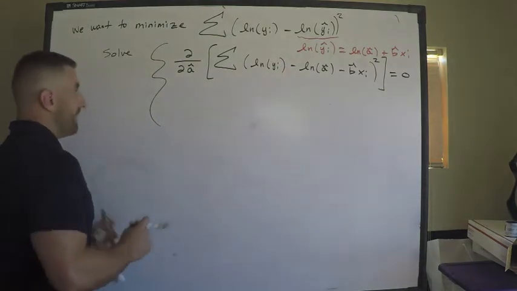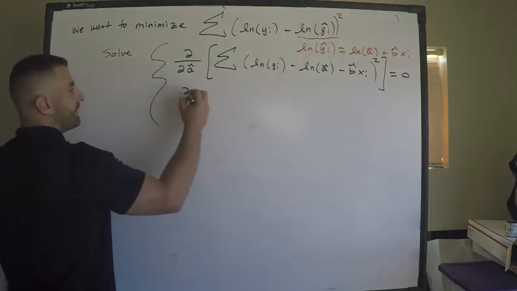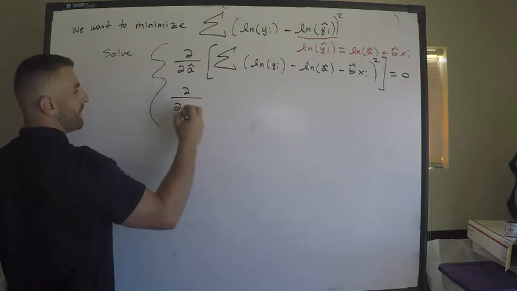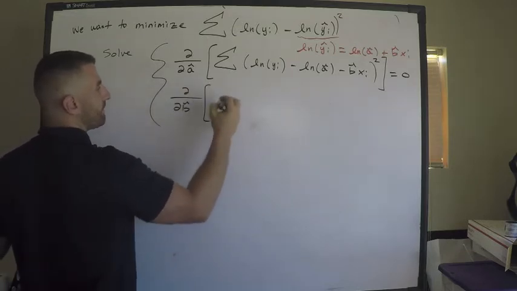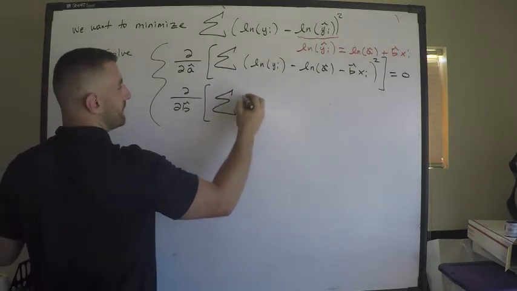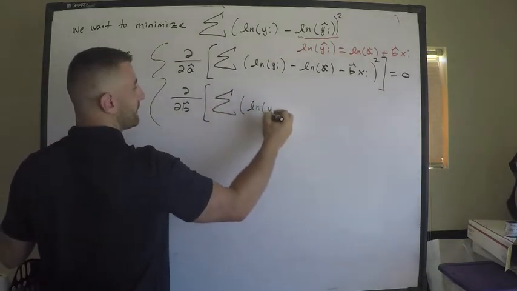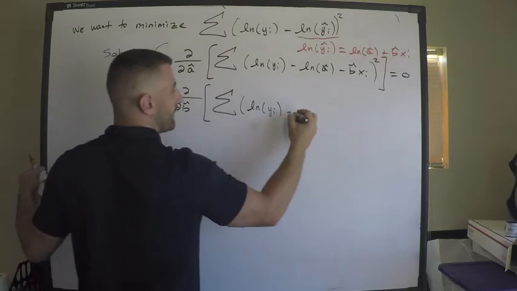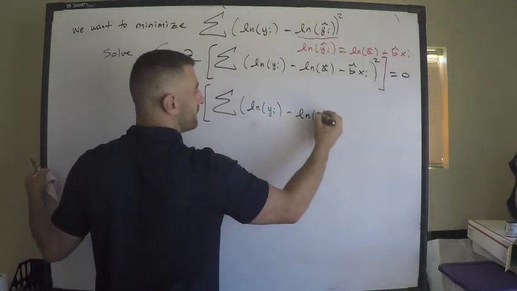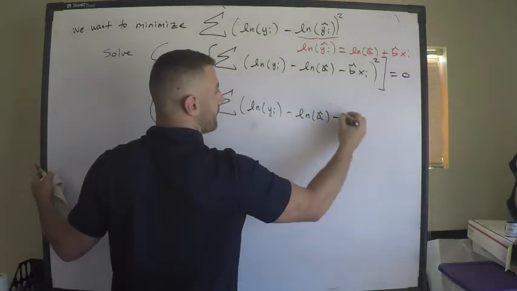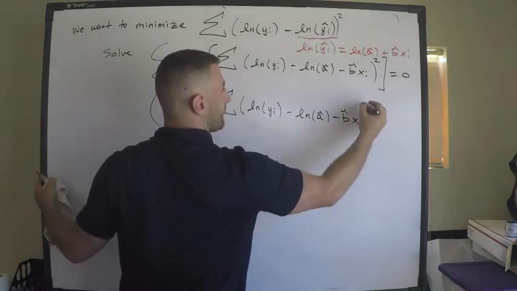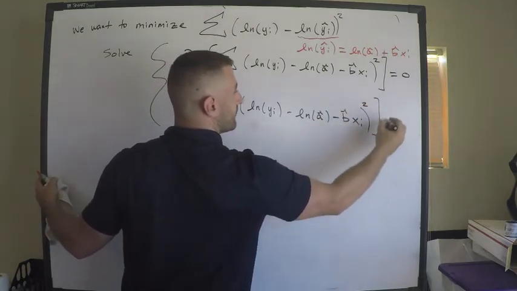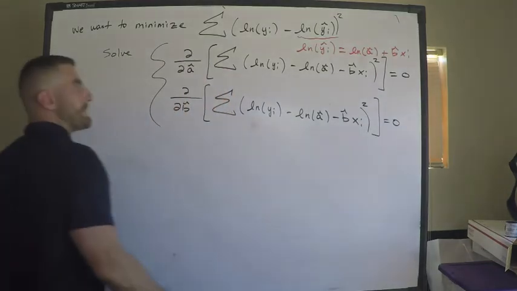And we need to do the same thing with respect to b hat. So the partial with respect to b hat of the same quantity, the sum of ln yi minus ln a hat minus b hat xi, squared, equals 0.